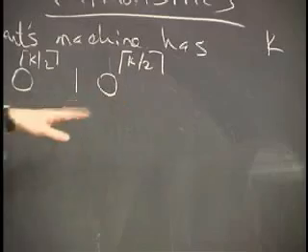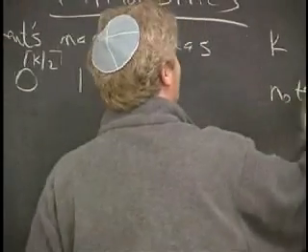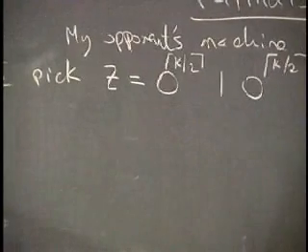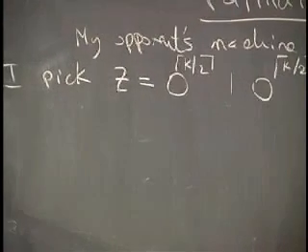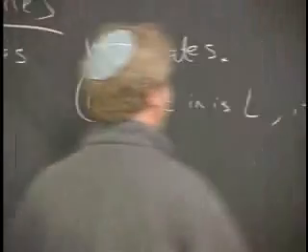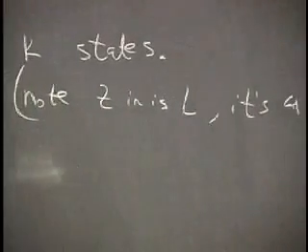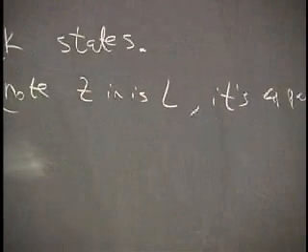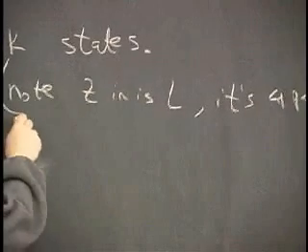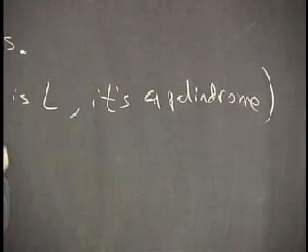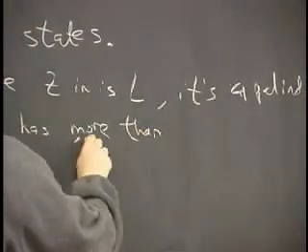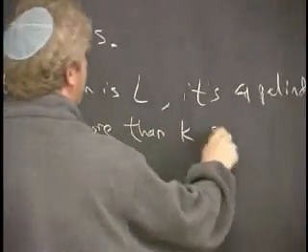I should make a little comment on the side. Note, z is in L. That is, it's a palindrome. And what else? z has more than or equal to k symbols.